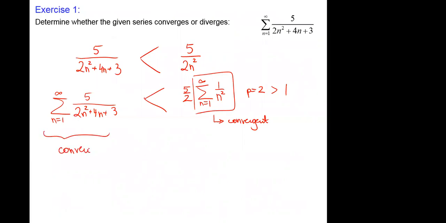this converges, and as I said, the test is important. Direct comparison test. Okay, I use it, and always when we are using the comparison test, we have to say, oh, I don't want to forget, converges by direct comparison test, and we are comparing with, of course, this one.